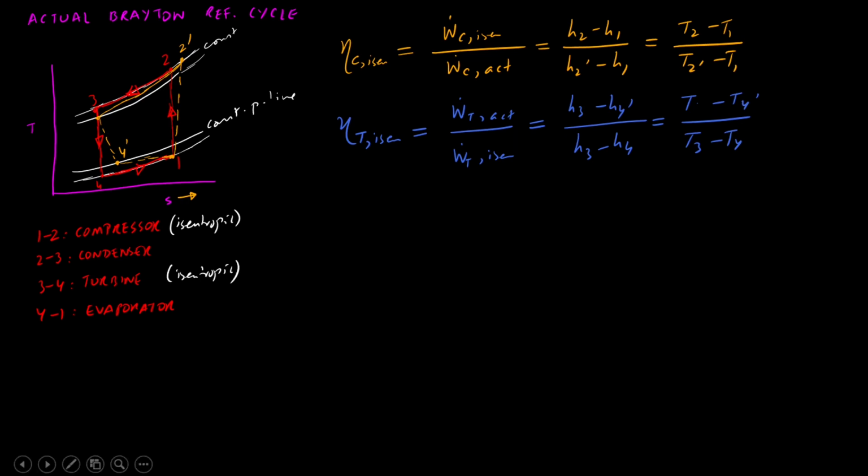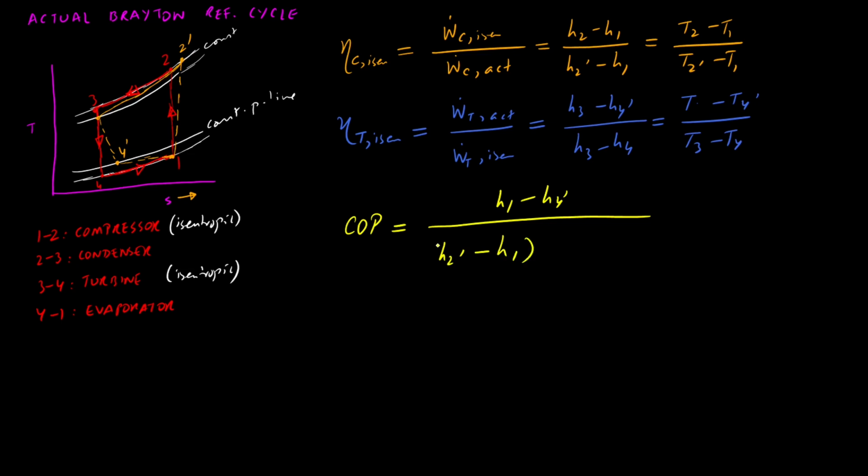So then the coefficient of performance, which was H1 minus H4, would become H1 minus H4 dash for the actual process, divided by H2 dash minus H1 minus H3 minus H4 dash.